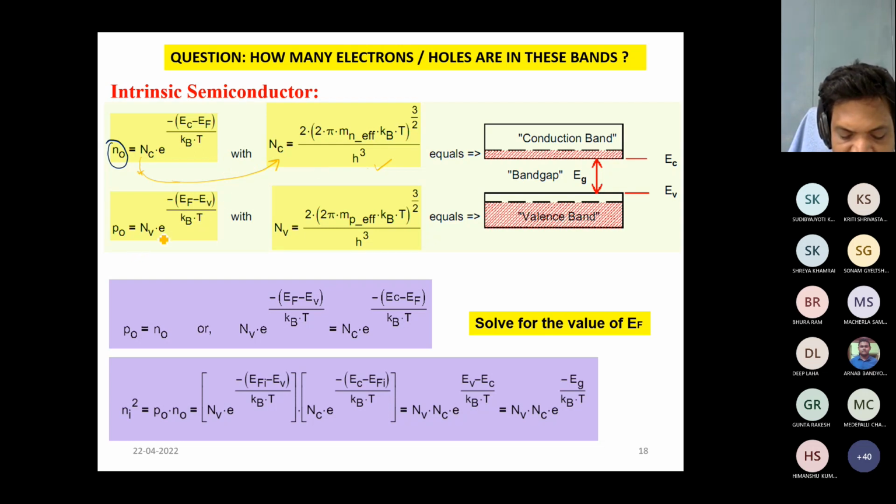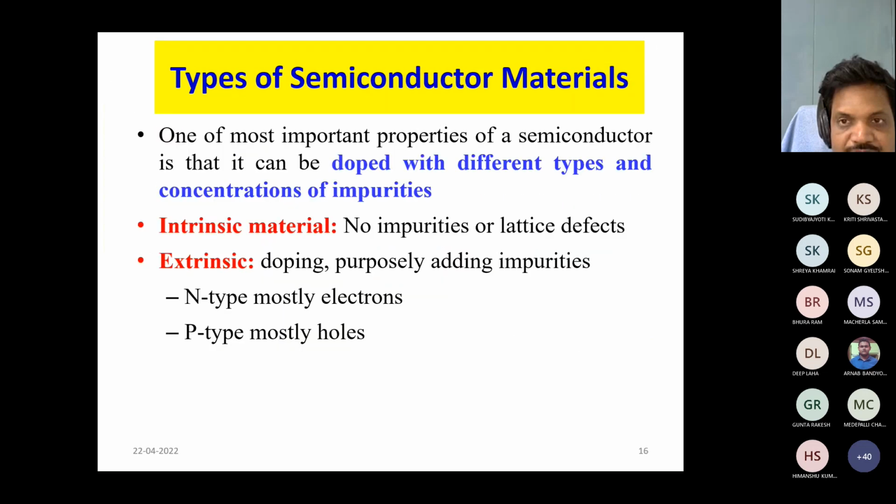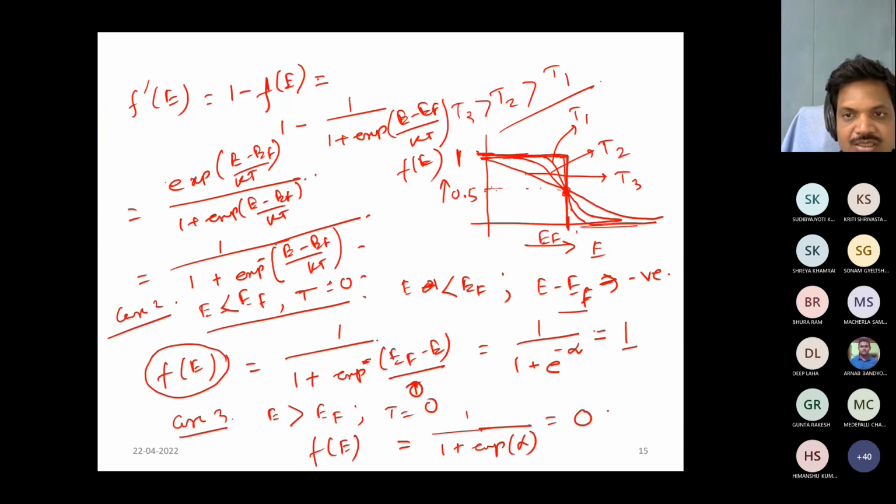Similarly for P0, the number of holes. Look at the Fermi-Dirac distribution function diagram here.